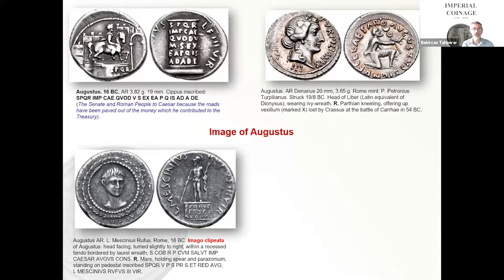On this coin, we see Augustus's head facing, turned slightly to the right, with a laurel wreath on a shield. It's a living person. It's not a deceased ancestor, yet he wanted to use this piece to earn more respect, as if he didn't have enough.